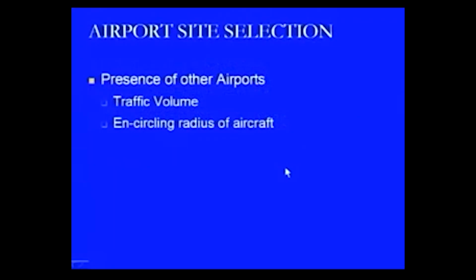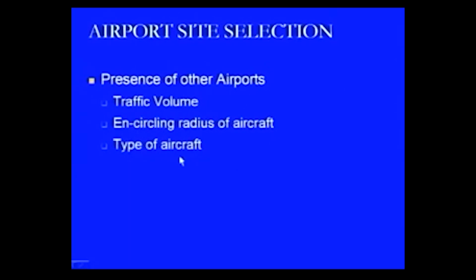Then if there is any other airport available in the area, we have to look at factors like traffic volume, that is, how the traffic is going to be divided between those airports which are very near to each other, or whether there is an effect of the encircling radius of the aircraft, because that is another hazardous condition. If two aircraft are encircling over each airport, then they may cross each other, and this may be unsafe.